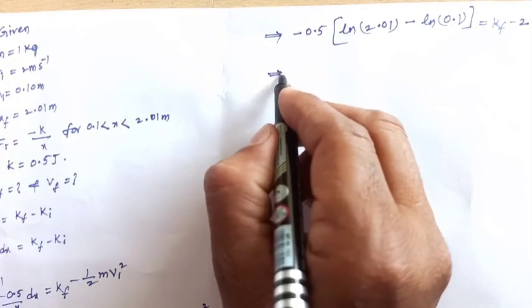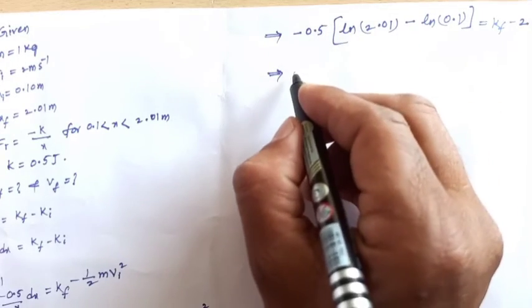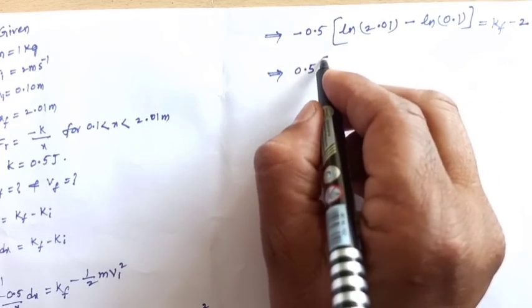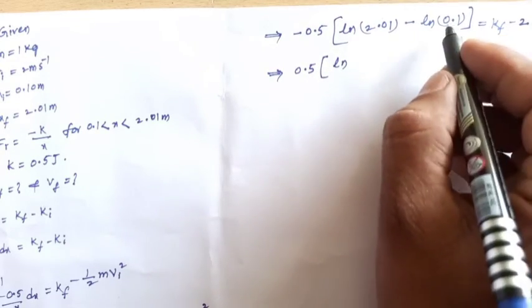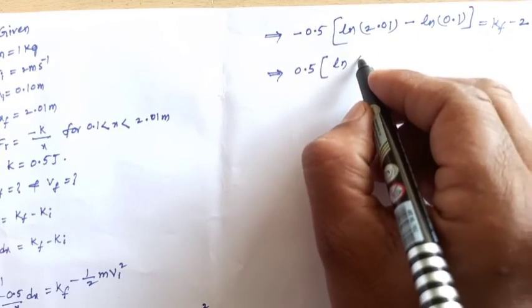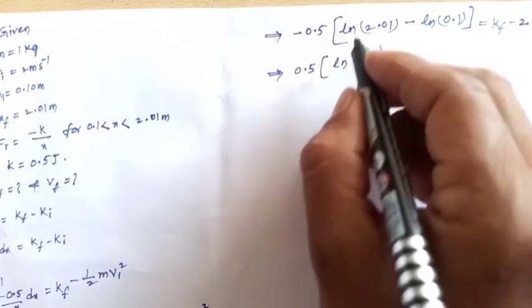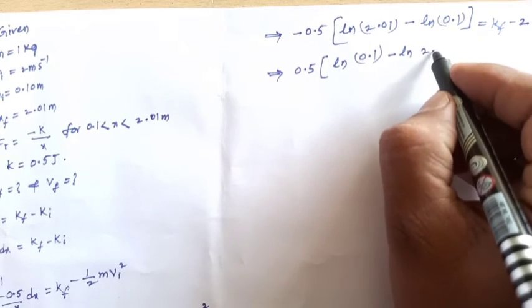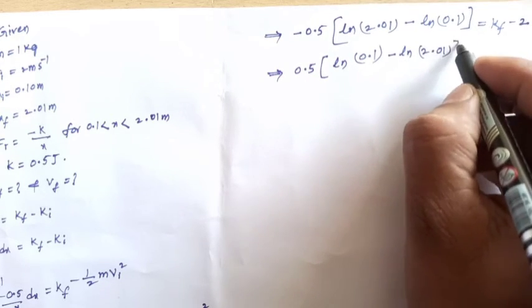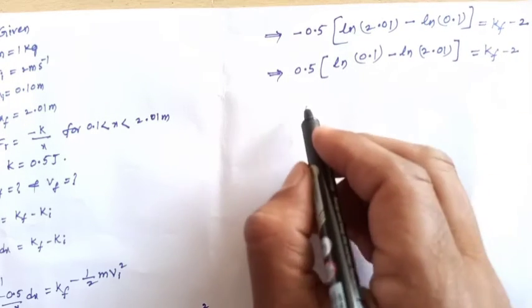That implies, taking the minus inside, 0.5 times ln 0.1 minus ln 2.01 equals Kf minus 2.